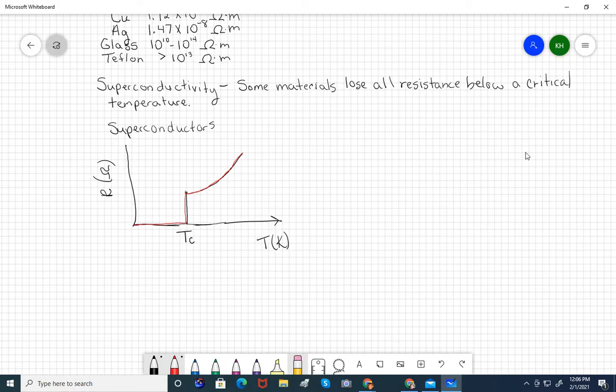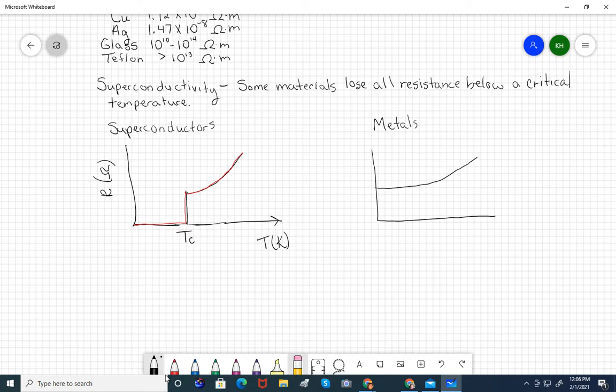There are a lot of studies being done on superconductivity because you would save a lot of energy waste if you didn't have any electrical resistance. Electrical resistance causes some electrical energy to simply be wasted. Now, what does a typical metal look like? Metals look more like this. Ideally, their resistivity would be constant, but truthfully, they have a gradual increase as things get hotter.